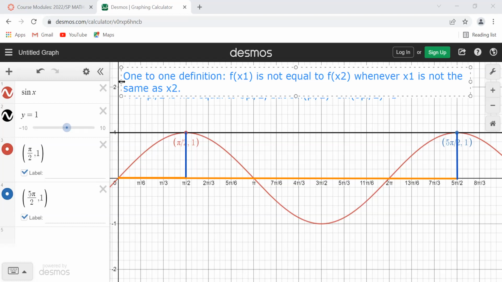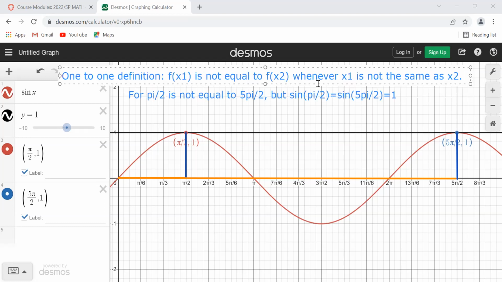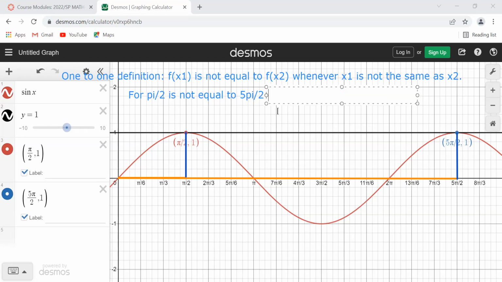So whenever x1 is not the same as x2, f of x1 is not the same as f of x2. And we have a case for this pair of x1, x2, pi over 2 and 5 pi over 2, where these two inputs are not the same, but their outputs are the same. So it violates this whenever.